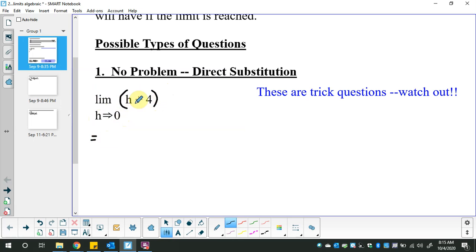This says plug the 0 in. So as soon as you are allowed to plug the 0 in, this instruction disappears. So I can sub the 0 in without any bad math whatsoever. And I get myself an answer. And those are the hardest questions, because as I said, you're expecting so much more.